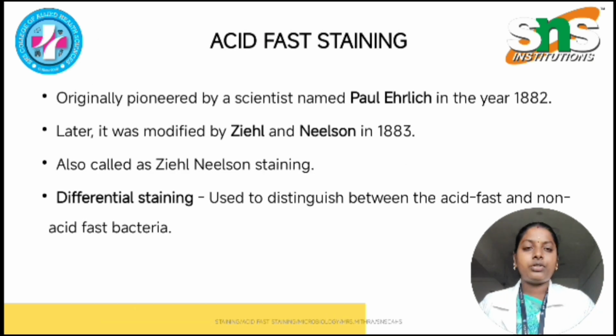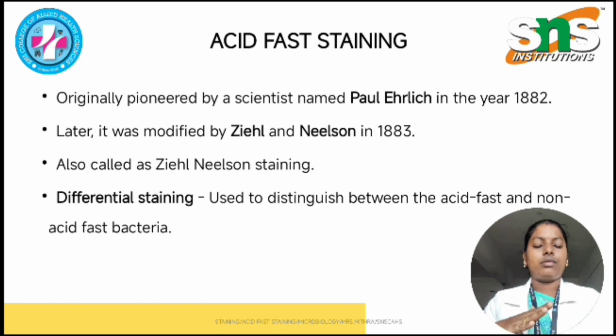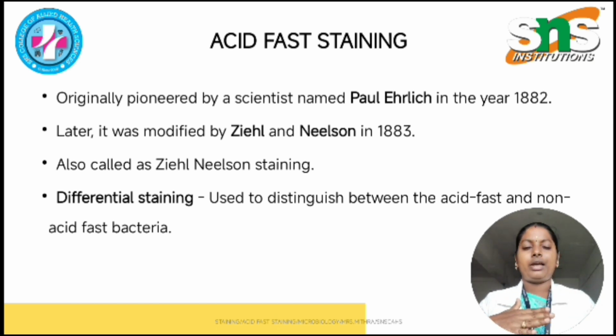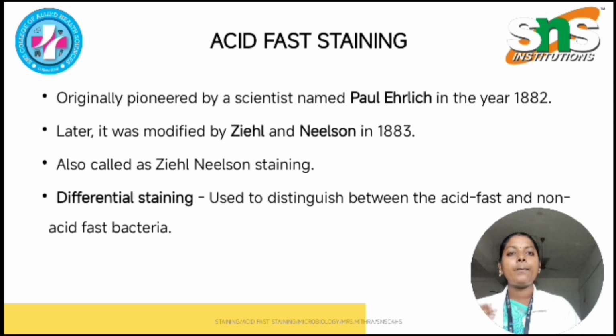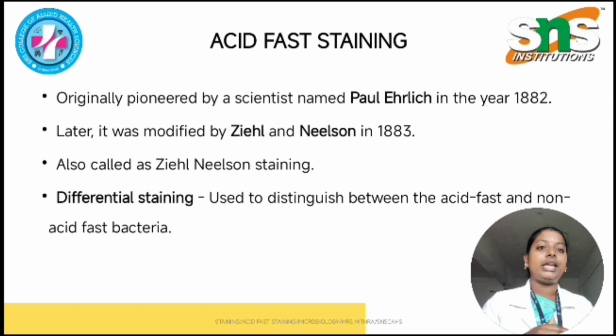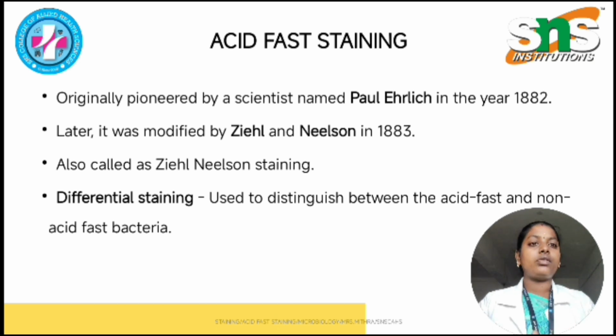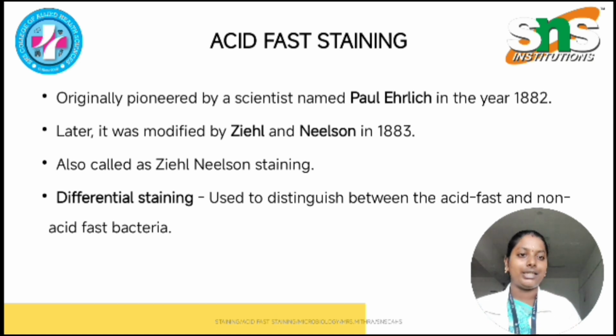Next, coming to the staining. I have explained the acid fast bacteria, what the difference is and what components are present in them. Coming to acid fast staining, it was originally discovered by the scientist Paul Ehrlich in 1882, and later slightly modified by the scientists Ziehl and Neelsen in 1883.